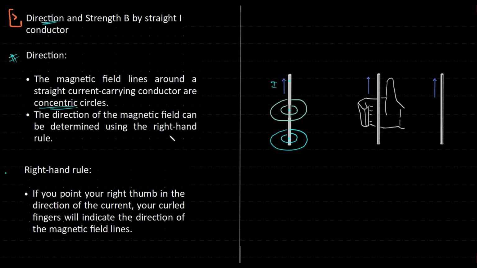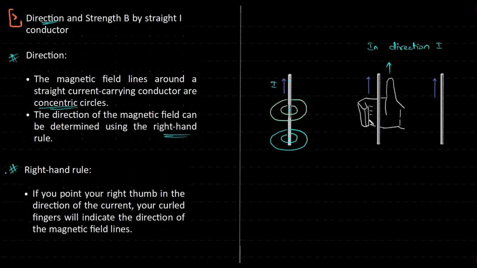The direction is given by the right hand rule. So what does it state? If you hold your right hand in such a way that the thumb is pointing in the direction of the current, then you have to hold the wire in between your hand.